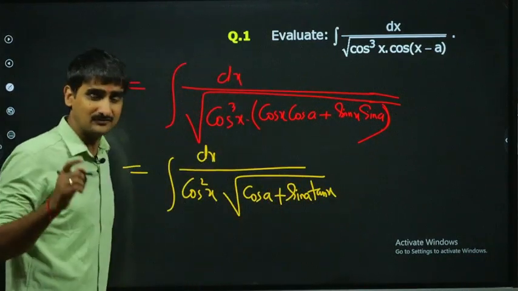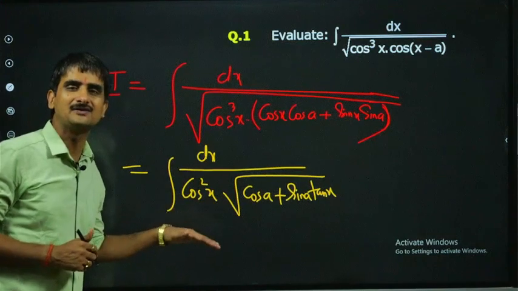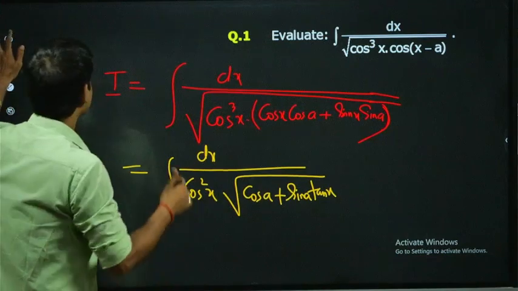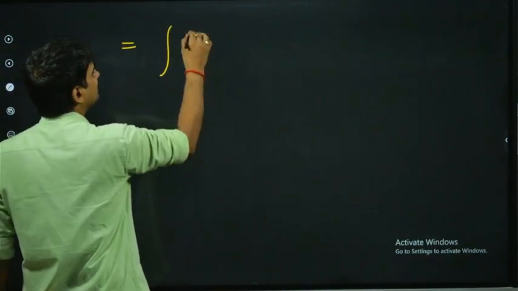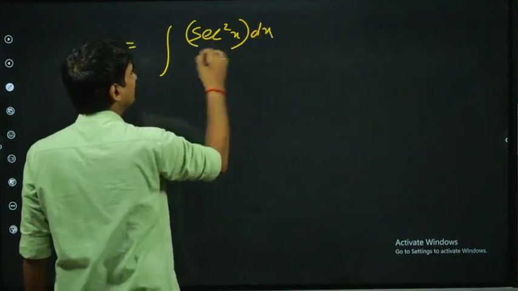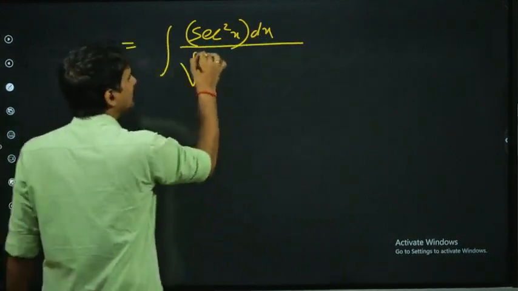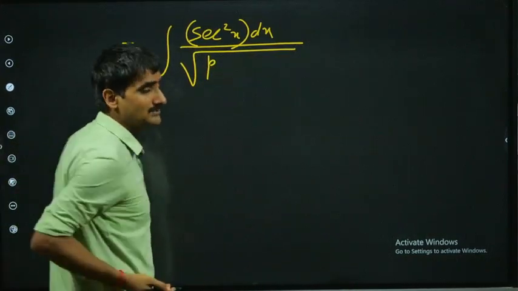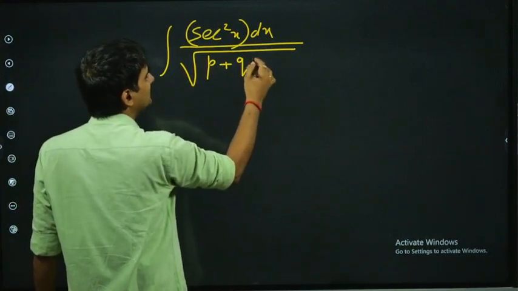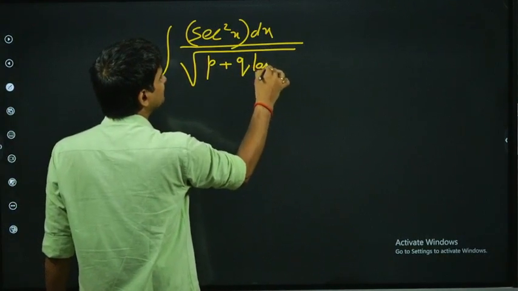So I think you all would have now got the idea why I did it. Because 1 upon cos square x is nothing but secant square x, so sec square x dx in the numerator, and in the denominator cos a is a constant, p, plus some sin a, q, and this is tan x.